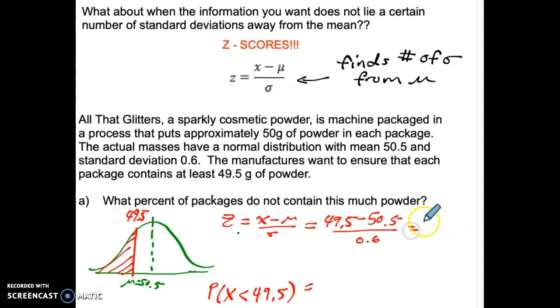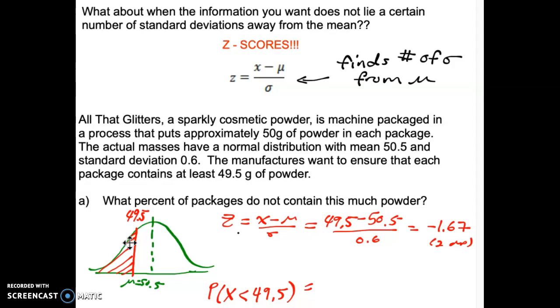And when we do that on a calculator, we want to round to 2 decimal places. It always has to be 2 decimal places because that's what the table allows for. So we get negative 1.67. The negative makes sense because we are less than the mean. So we are negative 1.67 standard deviations away from that mean.